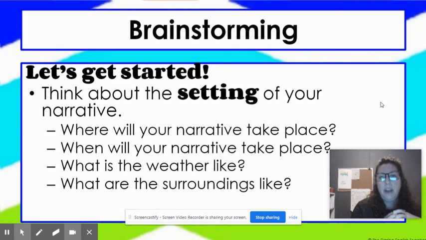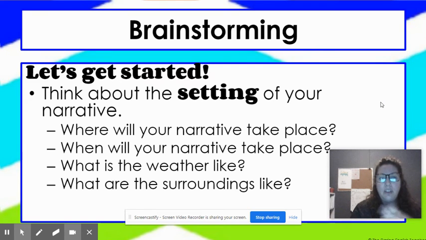What are your surroundings? So describe your surroundings. So if you are describing a house, right? Was the house barren, meaning it didn't have a lot of furniture? Maybe it was an old house, so there was like a musty smell. Maybe it was a new house, but you could tell they had a lot of pets because you could smell urine, or like they didn't take care of their pets, right?